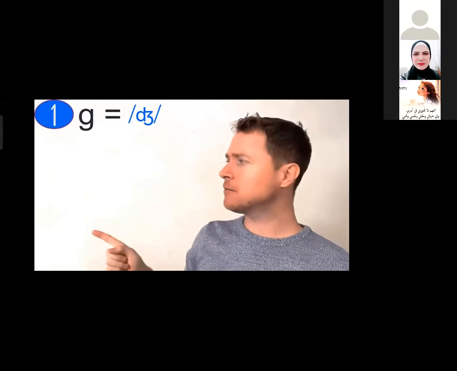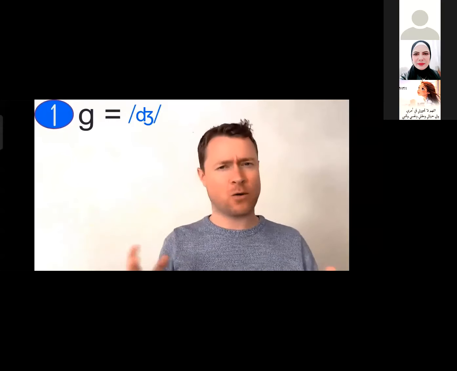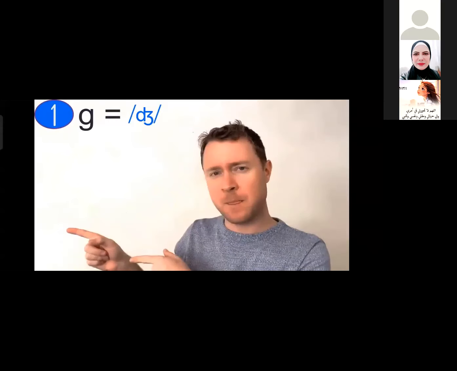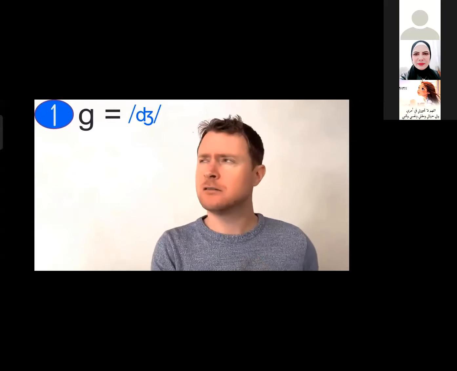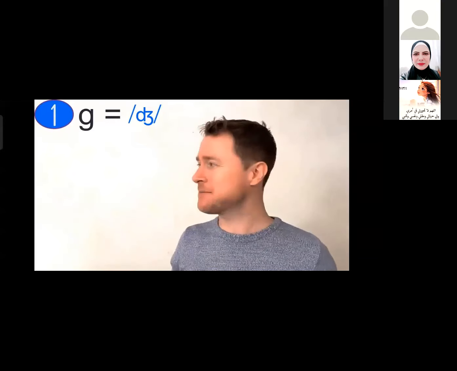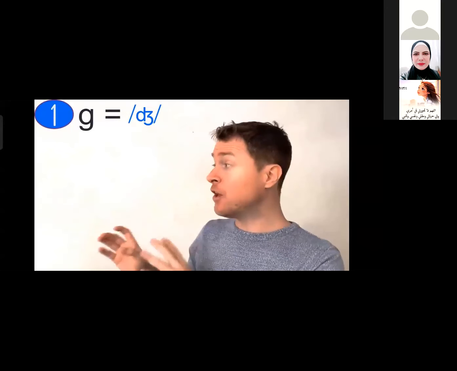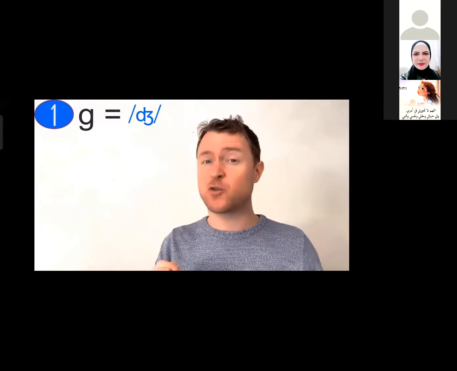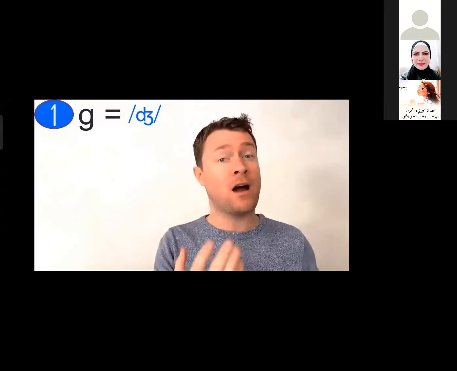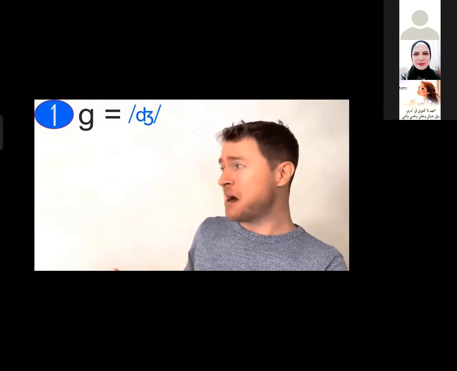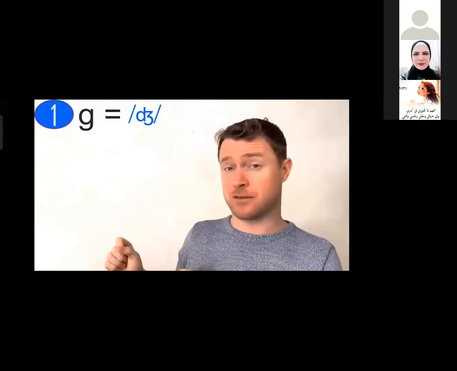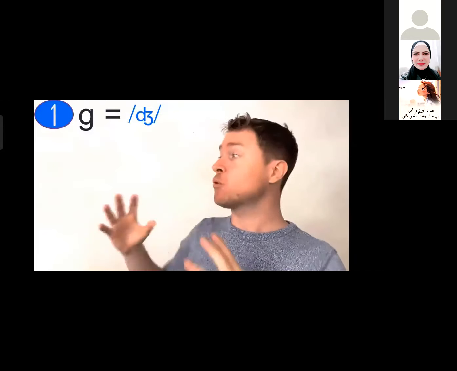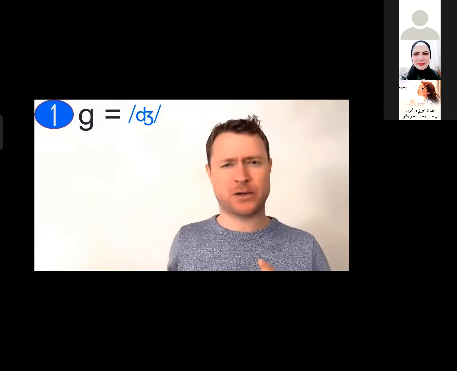J, J. But what is the rule for this? What is the rule for when we pronounce the letter G like J? Now the letter G in English is a bit of a crazy letter because there are some rules, but sadly there are many exceptions to the rules. There are many breakers of those rules.